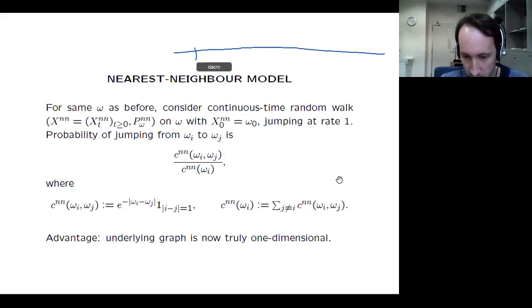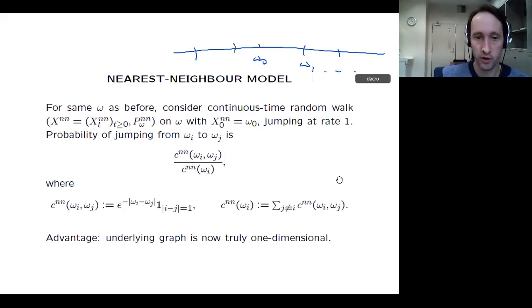So I'm going to keep the same Poisson process here, 0, omega 1, and so on. But I'm going to now just consider the conductances between nearest neighbor sites. So I'm just going to consider the very much simplified graph.